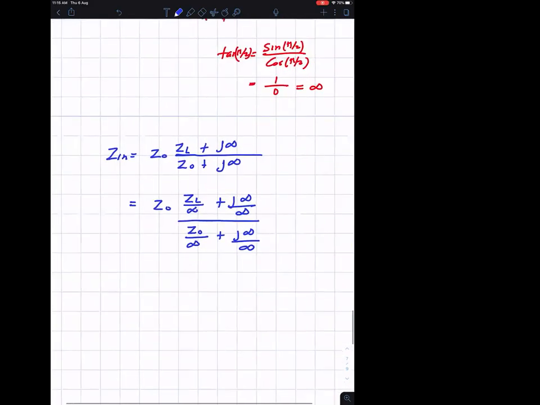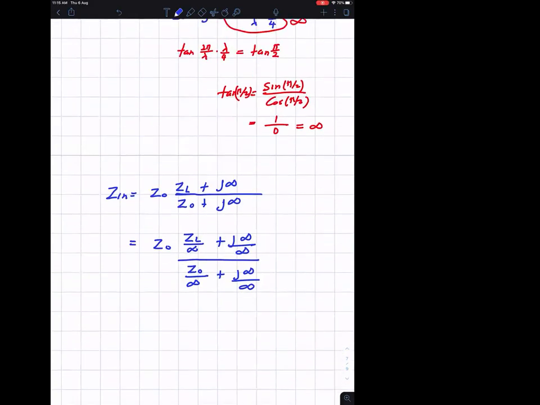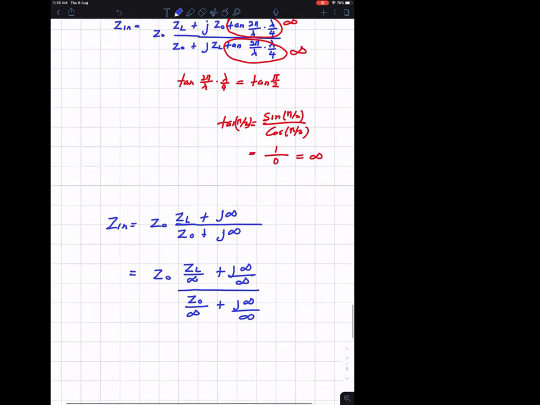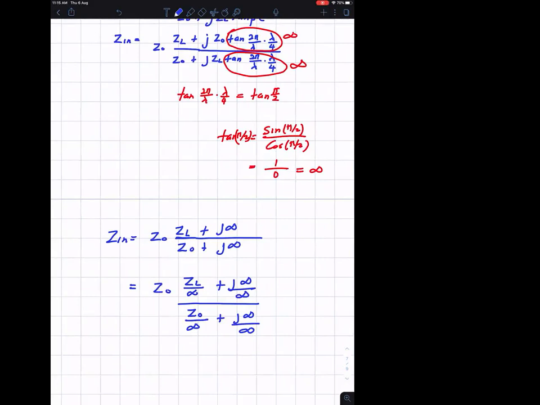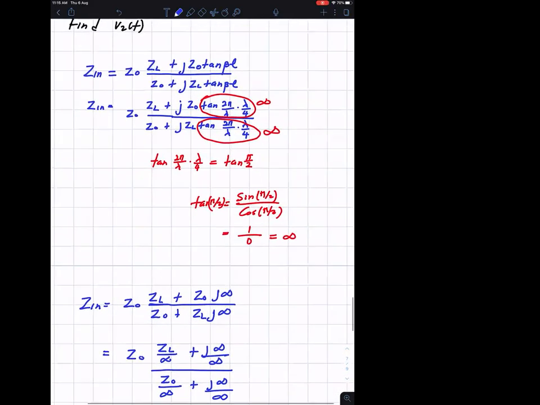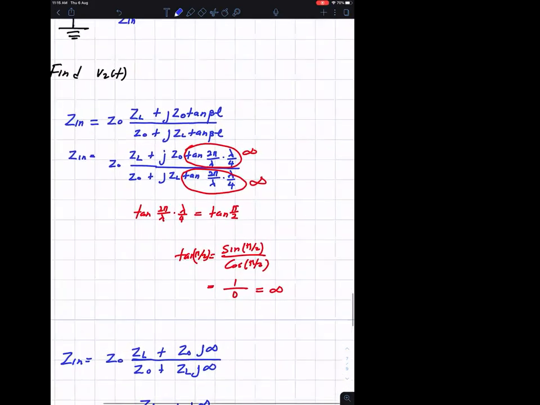Okay, sorry, I forgot to retain this Z naught here. I'm going to retain the Z naught over ZL. Remember, Z naught and ZL are still there. I'm going to keep them separately.